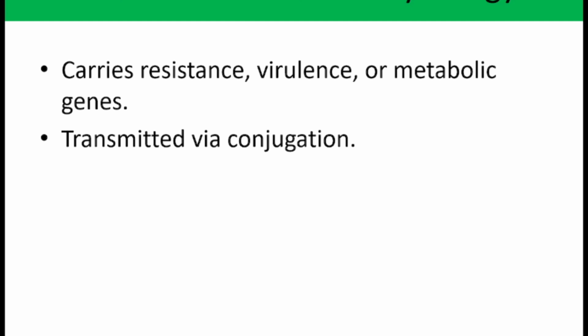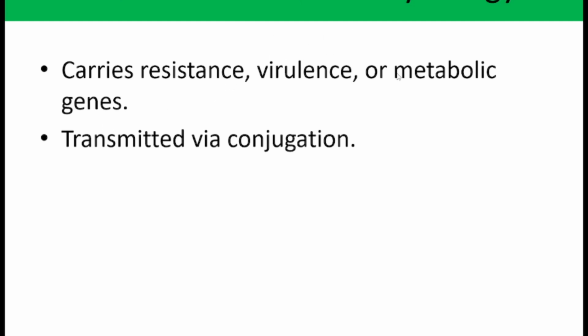It carries resistance, and it is responsible for virulence and metabolic genes. So any bacteria that has a plasmid is going to be more virulent than bacteria that do not have it.